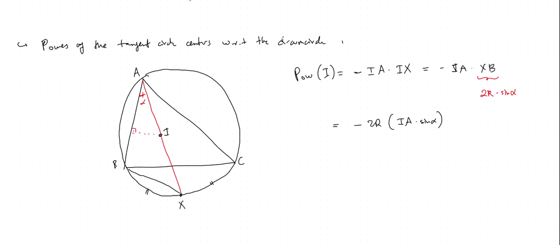length, which is equal to what? This is the distance of the tangent circle center to all the sides, they are the same.